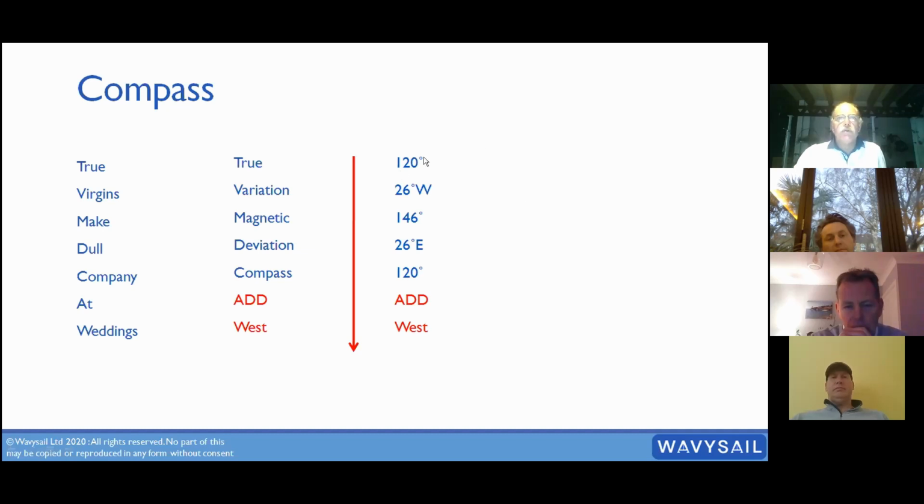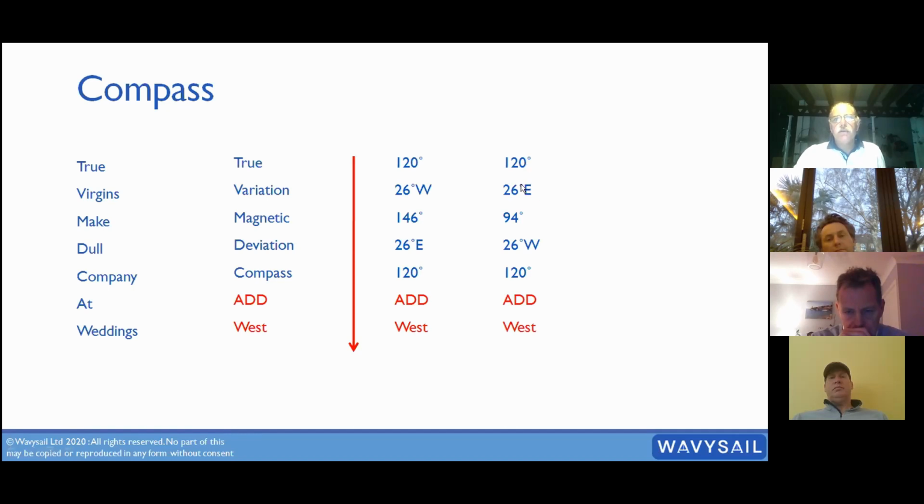So you can look here, we've got true 120 degrees, we would add the west, so 26 degrees west, the one we just worked out, so 146 degrees magnetic. But if you had a deviation card that said 26 degrees east, you would then subtract it this way around. Same here, 120 degrees.